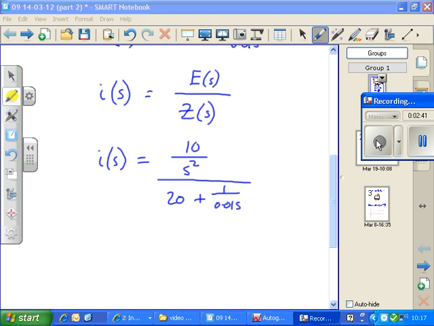Dividing by 20 plus 1 over 0.01 S is the same as multiplying by 1 over that.